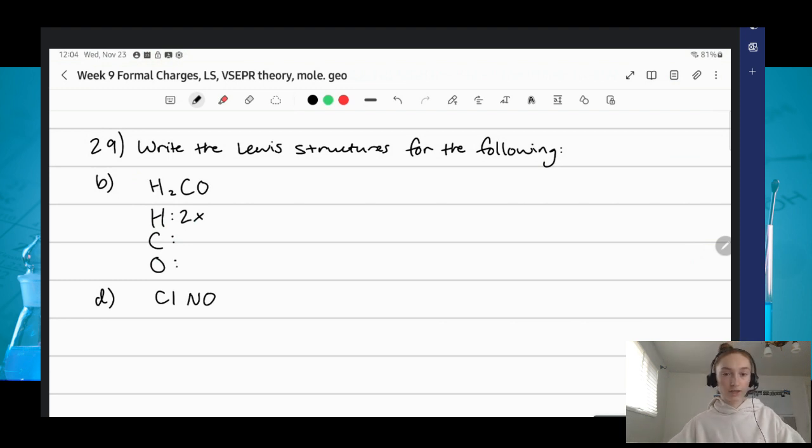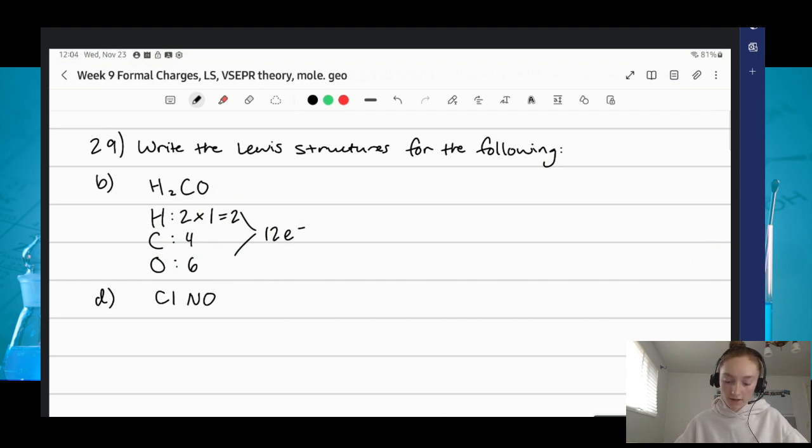Hydrogen only has 1 valence electron, so we just multiply that by 1. Carbon has 4 valence electrons, so we write down a 4 here. And then oxygen has 6 valence electrons. So 2 times 1 is 2, plus the 4 plus the 6 will have a total of 12 electrons. And so those are the amount of valence electrons that we're working with.